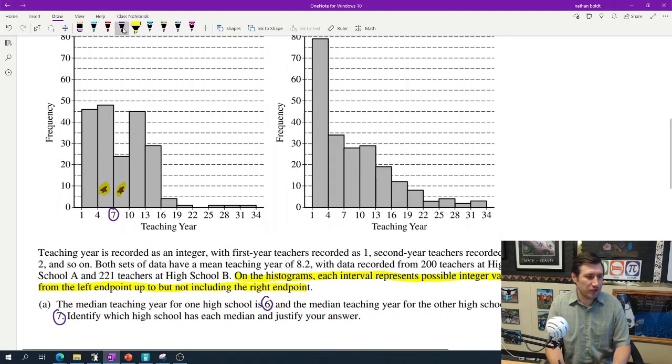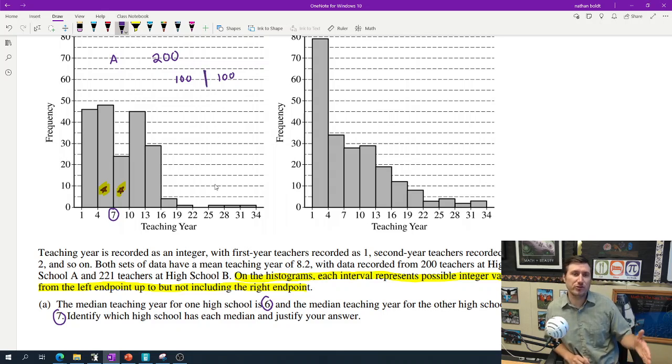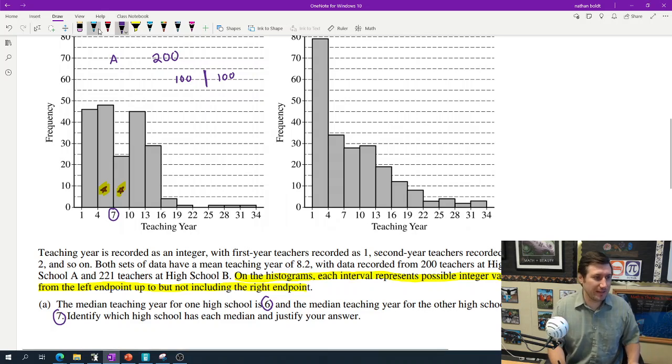If you remember, the question says that high school A has a total of 200 teachers. So that means for the median, you're going to have 100 on each side. So the middle is going to be between the 100th and the 101st data point. So where is that data point? Well, let's see.